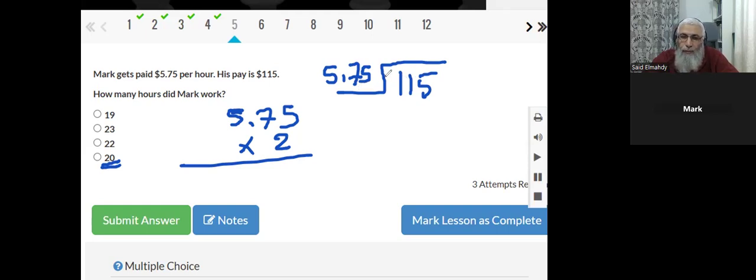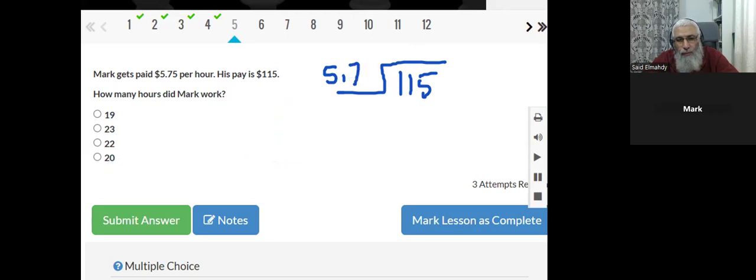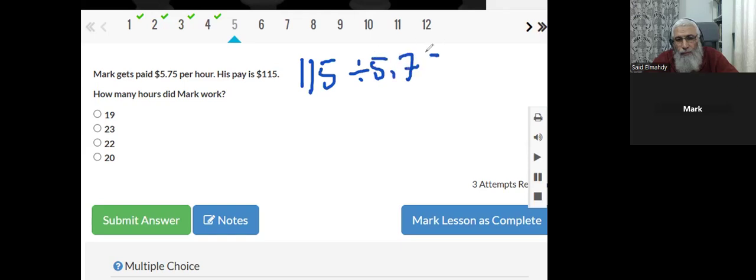No, 11 divided by this number is 1, 1 times this number is 5. So we need to make this number without decimal places. So 115 divided by 5.75.